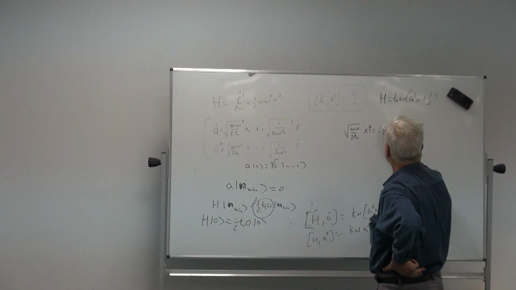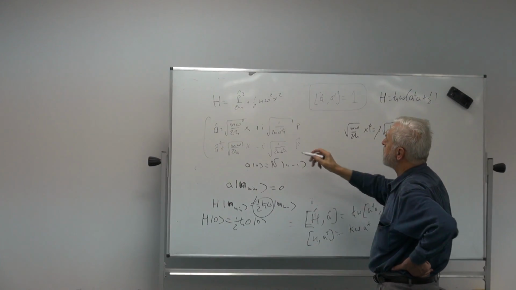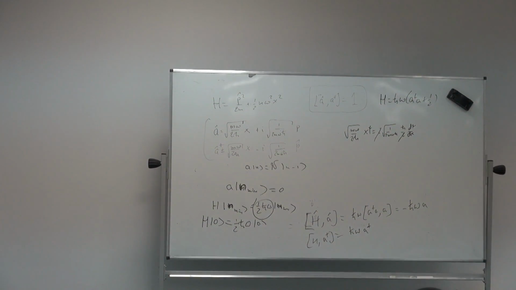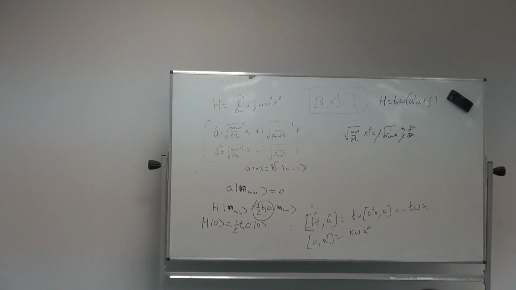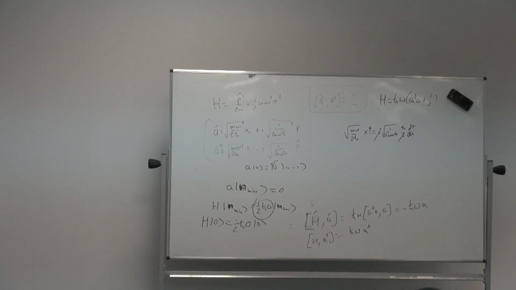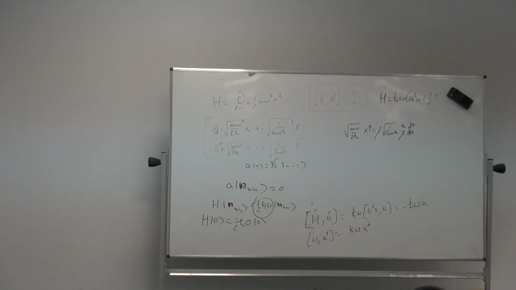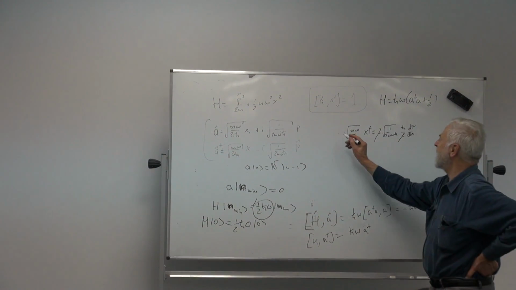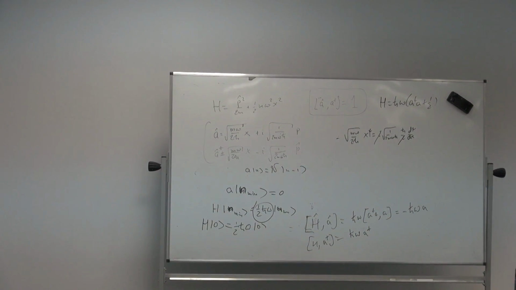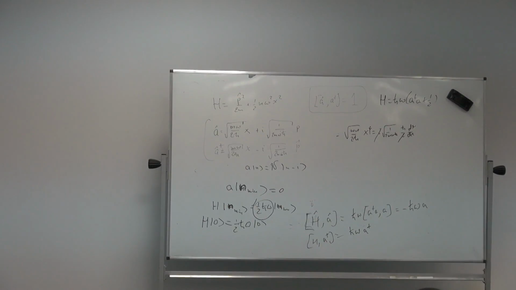And you see, probably I made some sign error here, because I want my solution to be a Gaussian with a minus sign. So in this equation, I need a minus sign here. You can check; maybe in the notes it is correct.